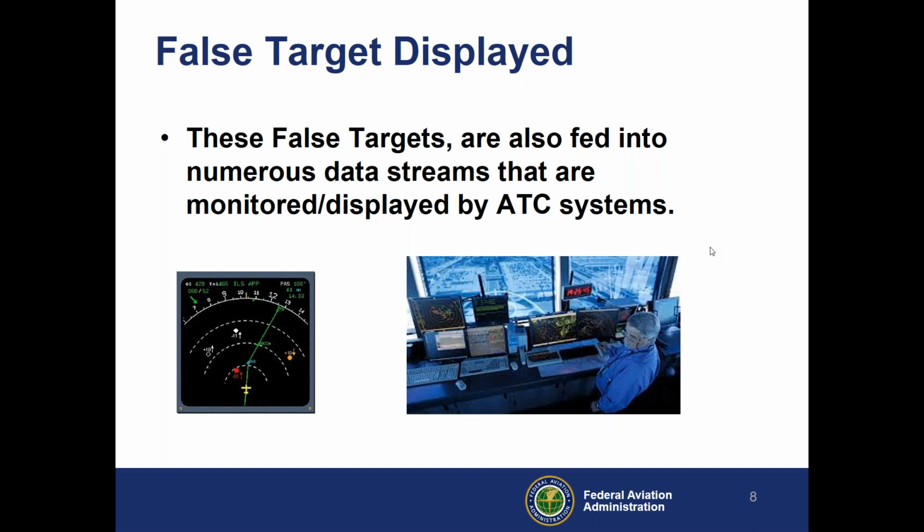Thank you, Charlie. So now the air traffic system and what everybody is seeing is not only TCAS, but it's ADSB, it's all these multiple data streams, and it's a composite. So the problem is much worse than it used to be.